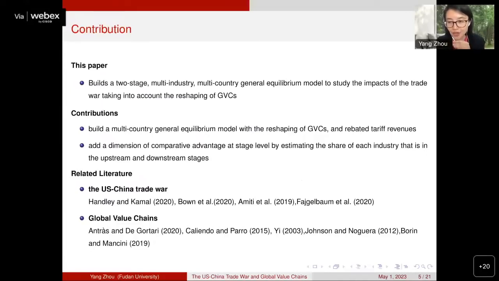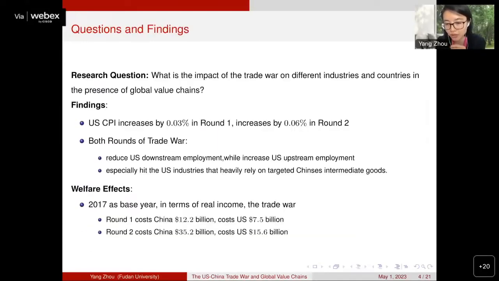And they find that the trade war is going to cost the United States about $7.2 billion US, which is smaller than mine. I think the intuitive explanation is that in my model, I let all the countries freely adjust their sourcing places, which could amplify the impact of the tariffs.